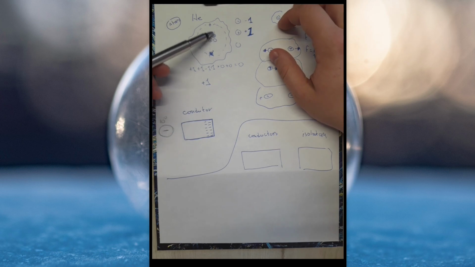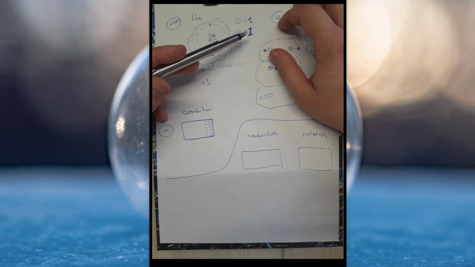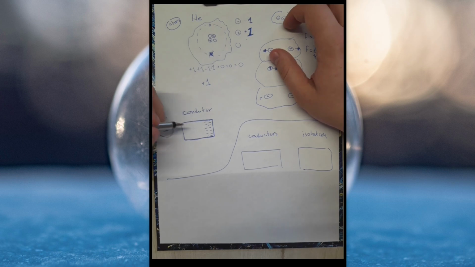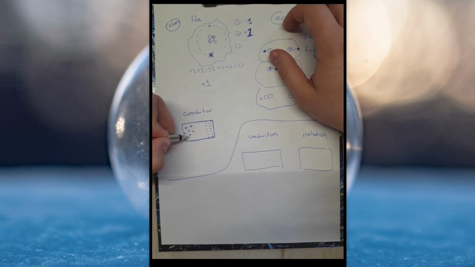Remember what happens when we remove an electron from an atom? It becomes positively charged. It always had this positive charge, but since we removed one negative, the total charge has changed. So we get a lot of positive charges on the left side of this volume.